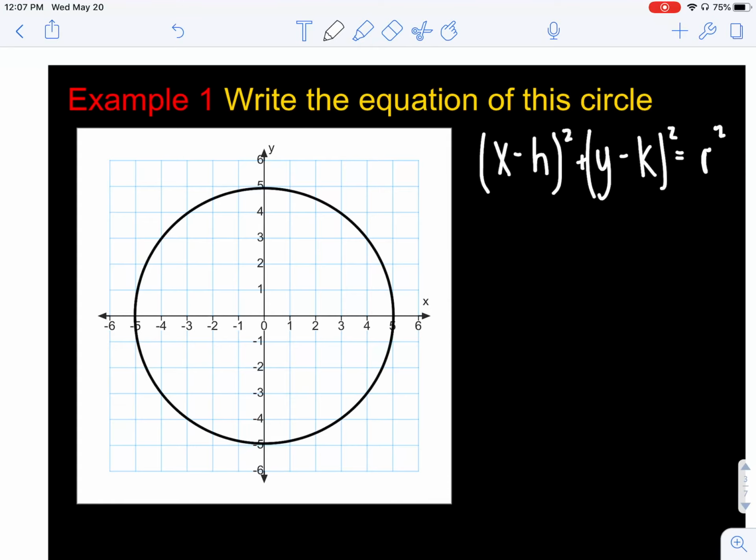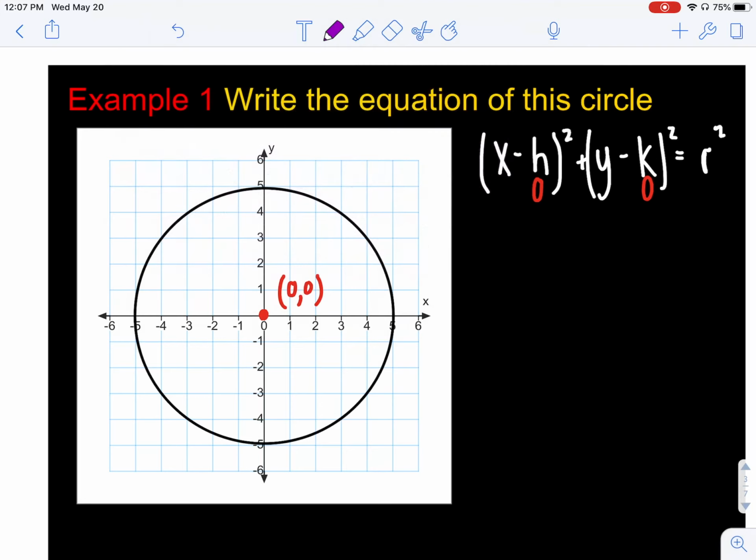Let's look at the values here. Our center h, k is going to be 0, 0. So what that means is the h is 0 and the k is 0, so really it's not going to do anything.